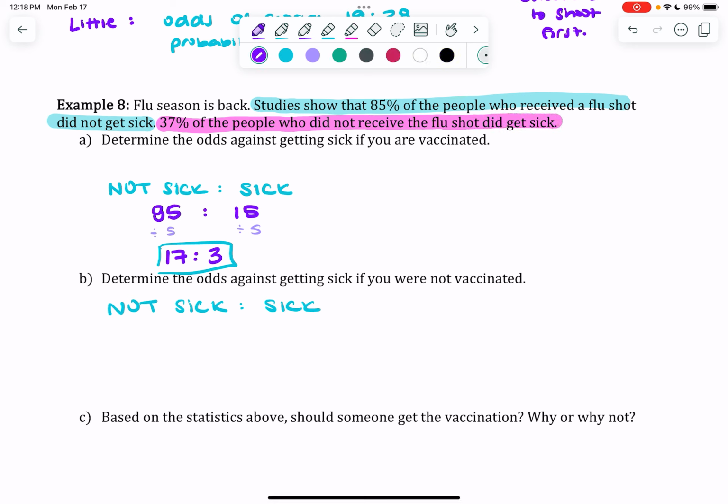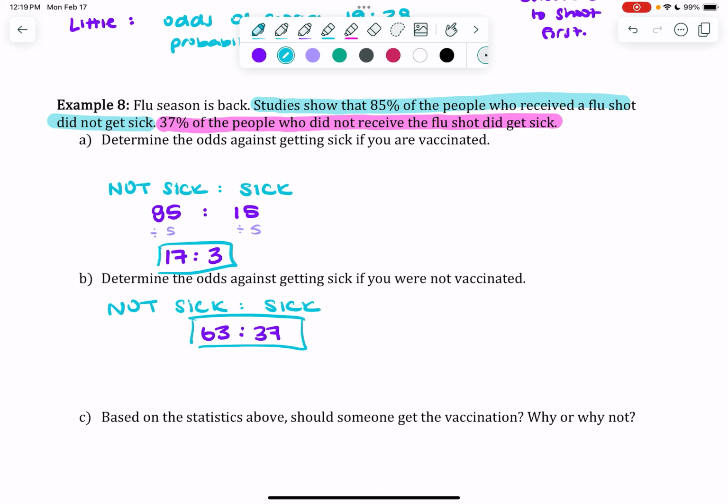So the 37 goes on the sick side of my odds, which means that remainder, 100 minus 37, which is 63, goes on that alternate side. I try to reduce if I can, but this is what I've got.